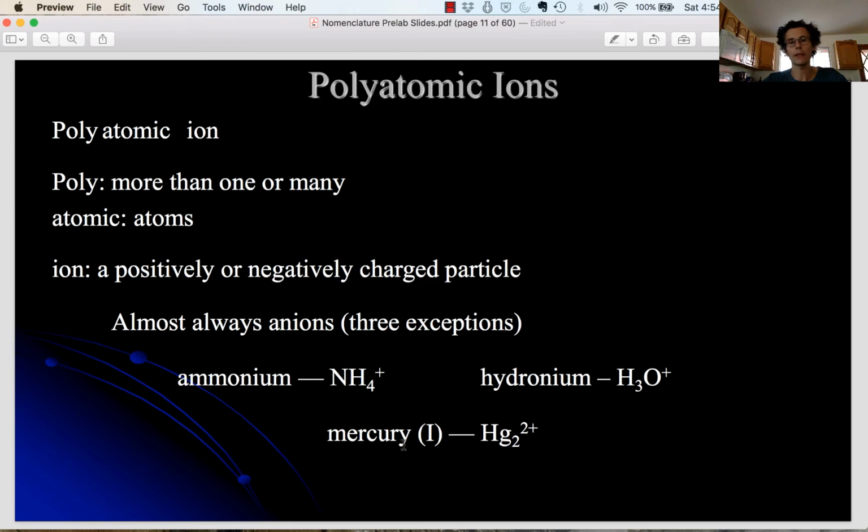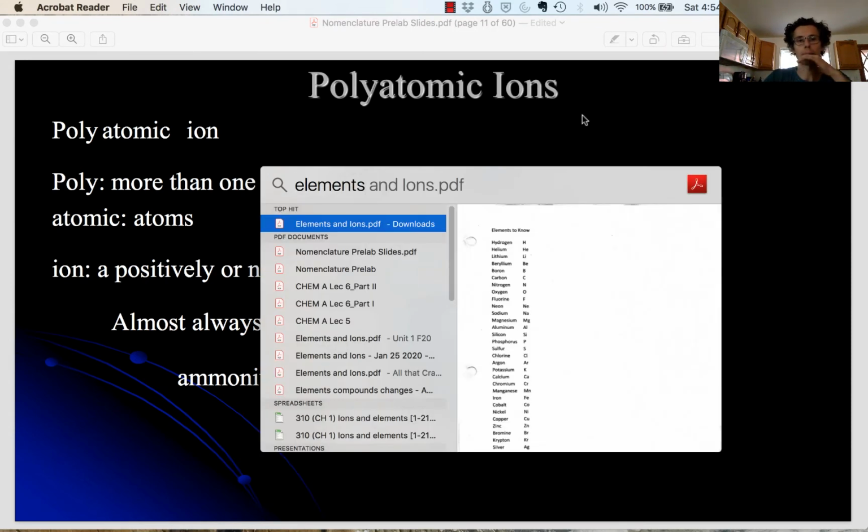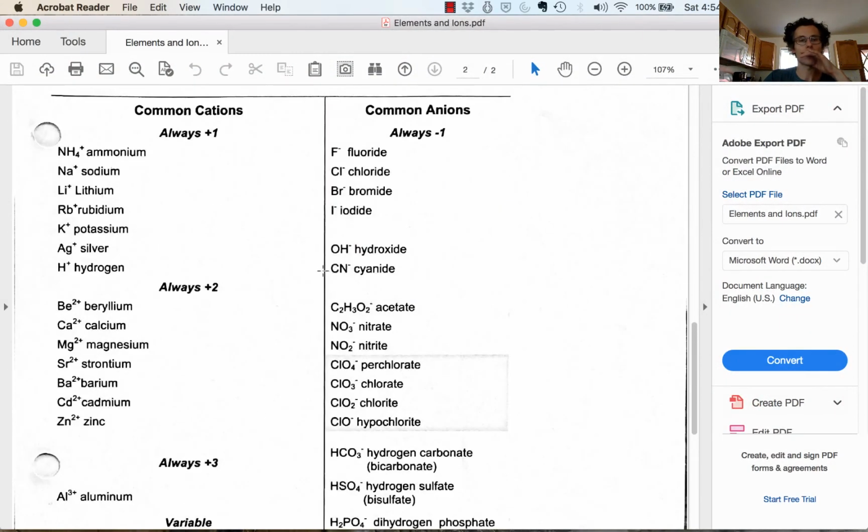and then mercury. In the common ions handout that I posted, you can see that there are common ions that are always +1.